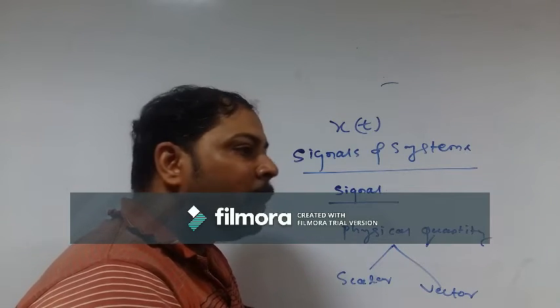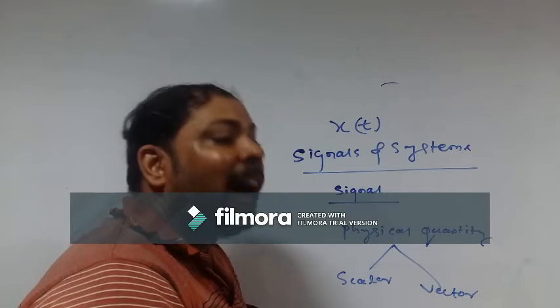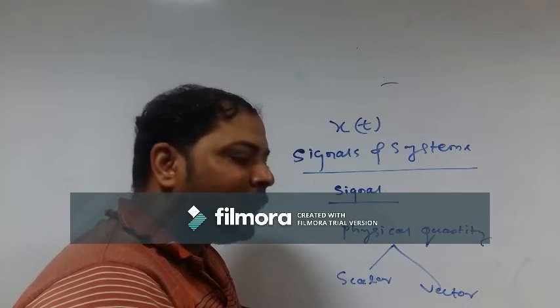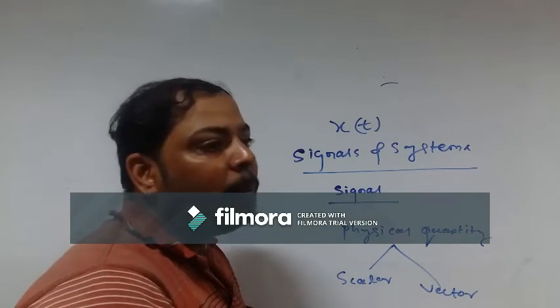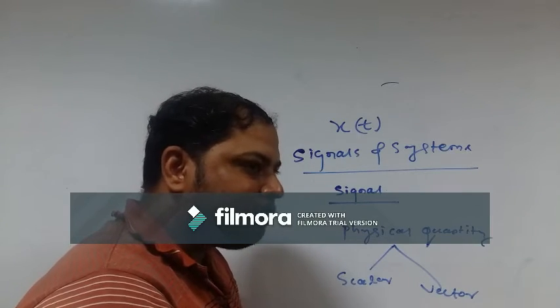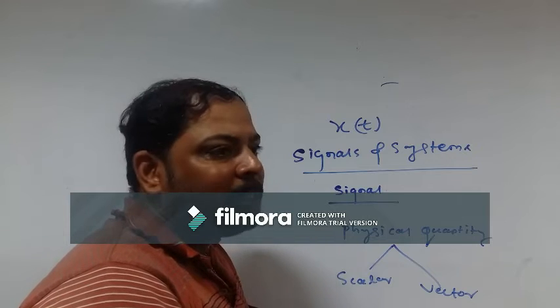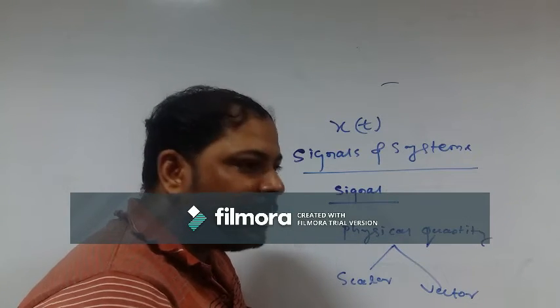But here we are concentrating only on one-dimensional signals. And in general, the independent variable is taken as time, because from our analysis point of view, we are considering the independent variable as time. That means any physical quantity which is a function of time is basically known as a signal. This is very simple.